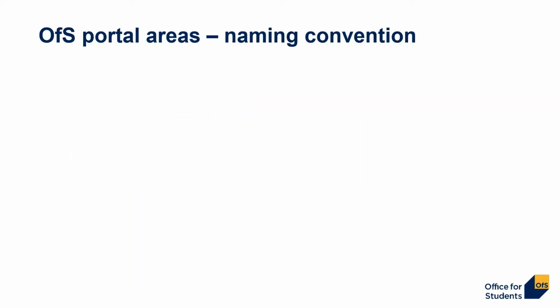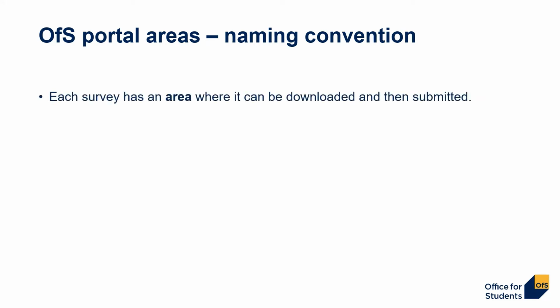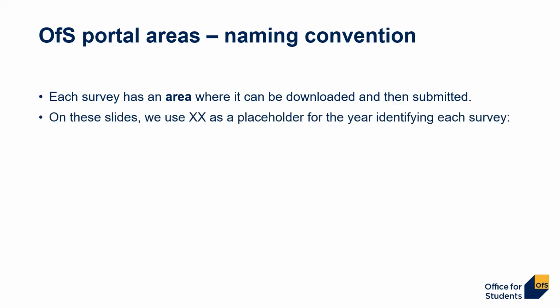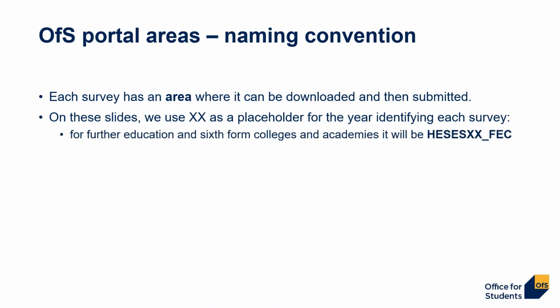Each survey that we collect is assigned to what we refer to as an area on the portal, and this is used for workbook downloads and submissions. The area names on the portal change from year to year, but on these slides, XX represents the year in question. So again, on these slides you may see HESES XX_FEC for further education and sixth form colleges and academies, or you may see HESES XX_OTH for other types of providers.